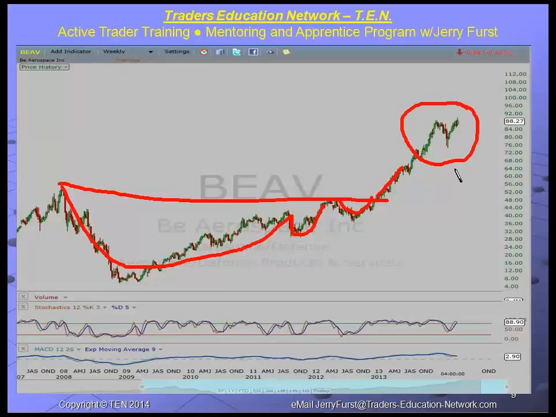But right over here, we have a double top. We have a nice run to the upside with a midpoint here. And for those of you who took the course, you know what pattern may be setting up here, where to put your stops to get into the trade, and where to put your price targets to potentially get out of the trade.